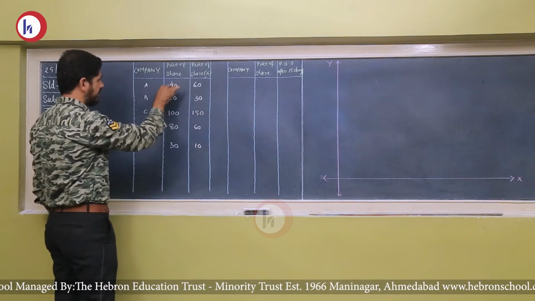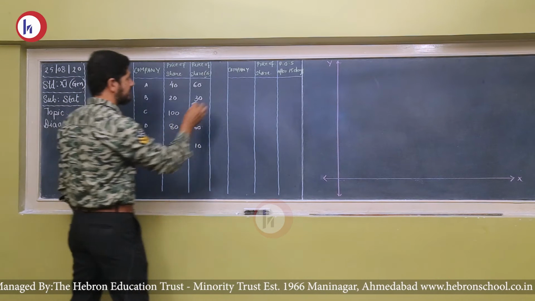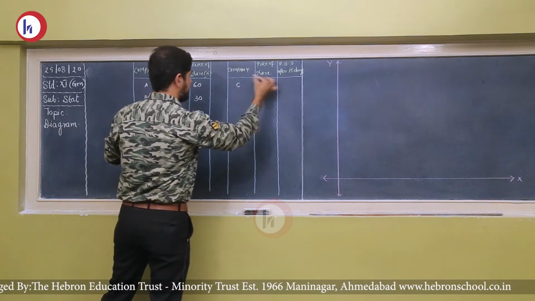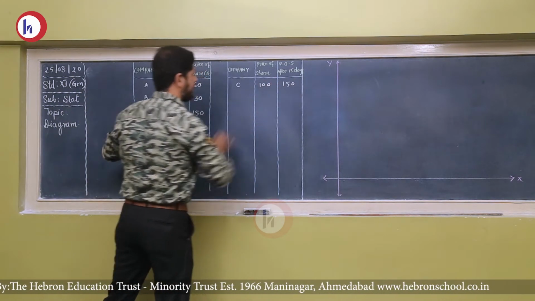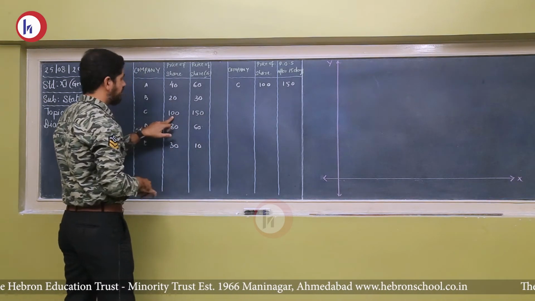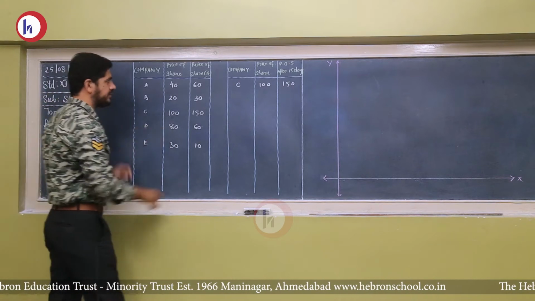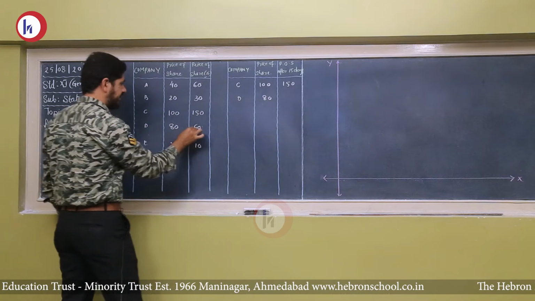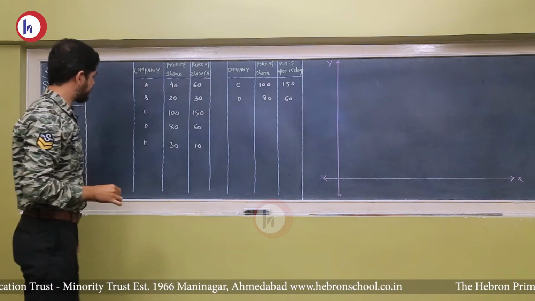Now, the highest price is of company C. So company C, the highest price is 100, and after 15 days, the price of that share will be 150. Number 2, that is company D, it is 80, and after 15 days, the price is 60 rupees.